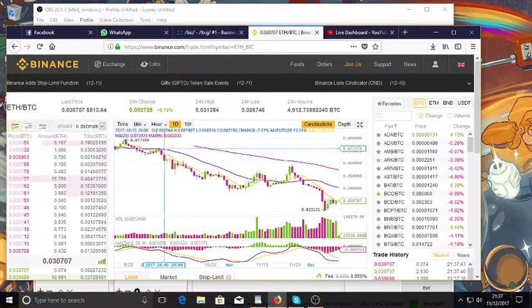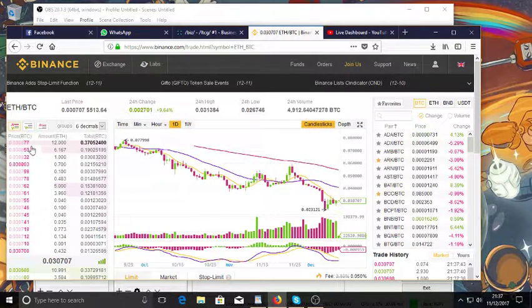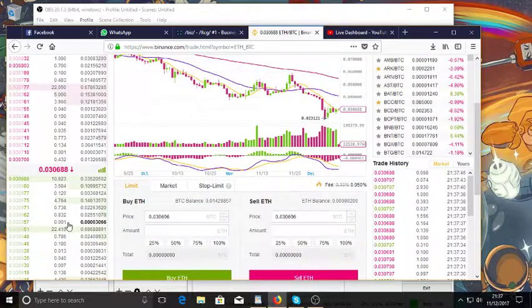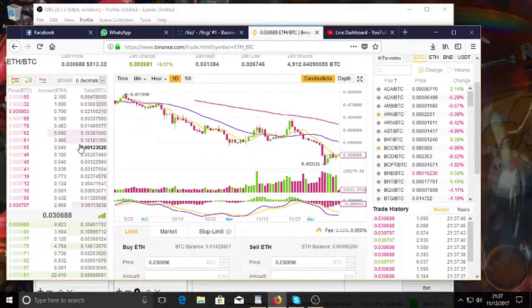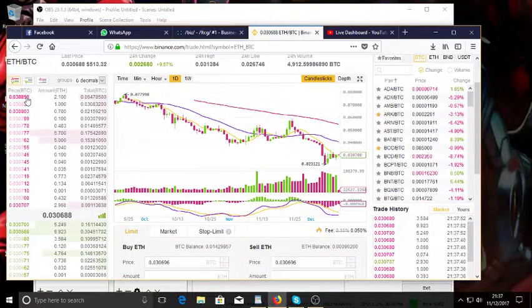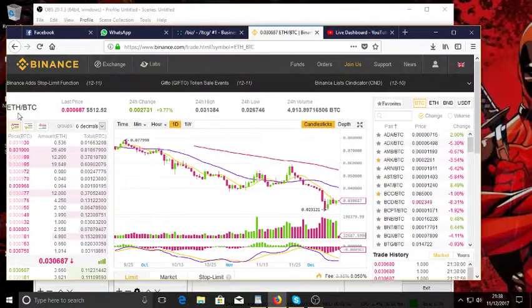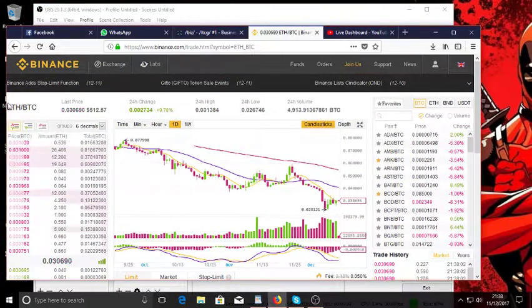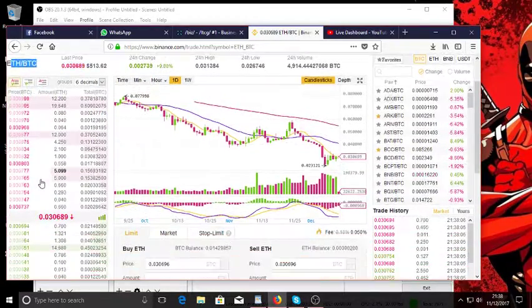First things first, on the left-hand side, these are your order books. The red are sell orders, meaning the prices people are selling at, and we're using Ethereum to Bitcoin. So this is the price people are selling Ethereum at in Bitcoin.